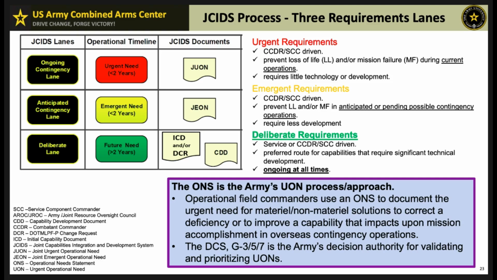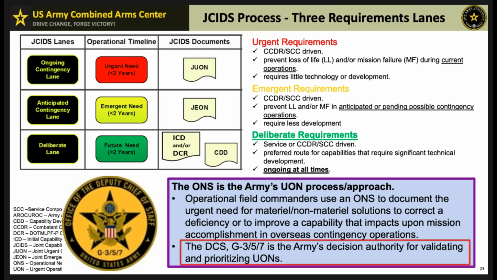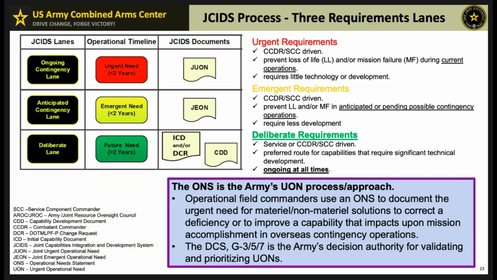ONS submissions are reviewed by capability developers and training developers to determine broader applicability or standard acquisition process needs. If validated, the G357 prioritizes and documents these needs. The G8 and G4 and ASALT all provide resourcing solutions and sustainment guidance.